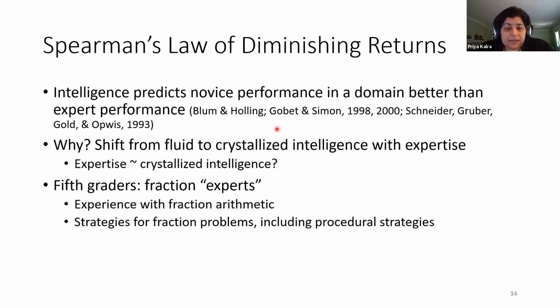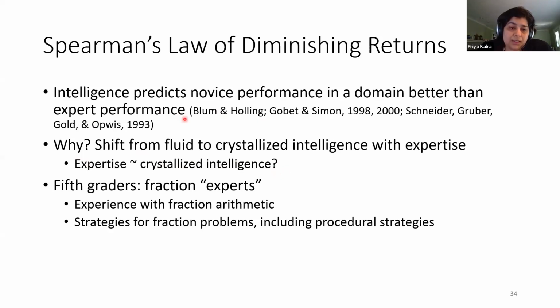Intelligence predicts novice performance better than expert performance, and there are some examples of this from the chess expertise literature, for example. If you think about it, it makes intuitive sense, because as you become an expert in a domain, you have a schema, you have things you know, your expertise could even be considered a crystallized intelligence.